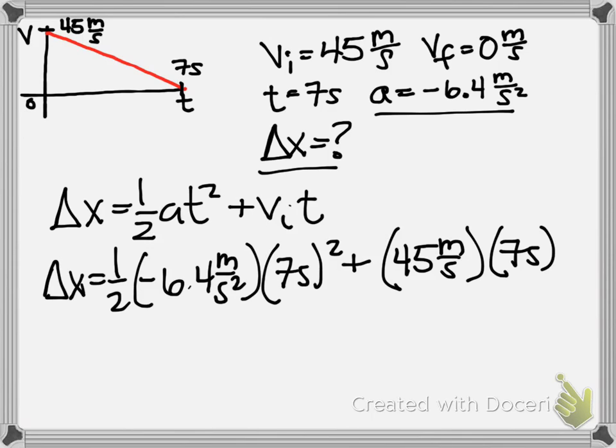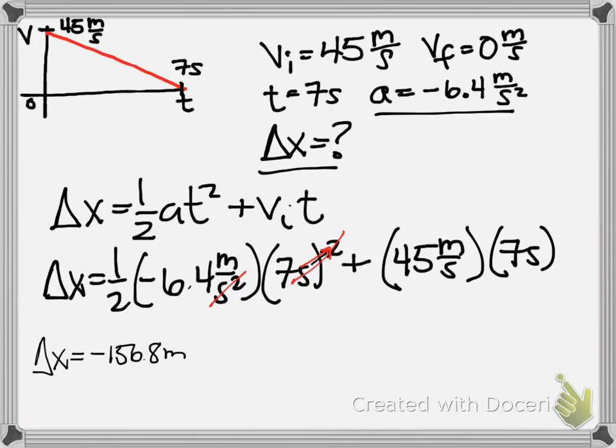Divided by 2, we get delta x equals negative 156.8 meters, because my seconds are squared, and then that squared seconds cancels with the squared seconds.